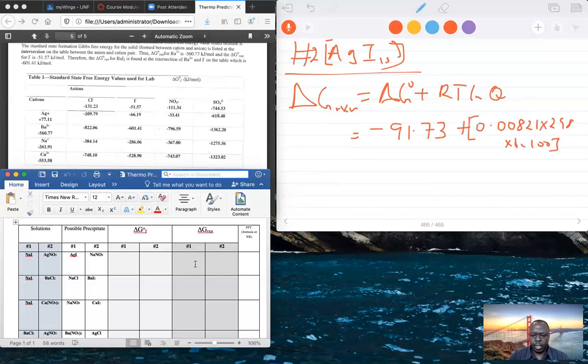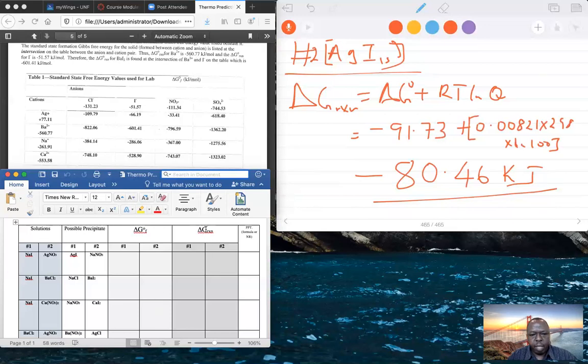So I have 11, so minus 91.73, and I end up with negative 80.46 kilojoules.